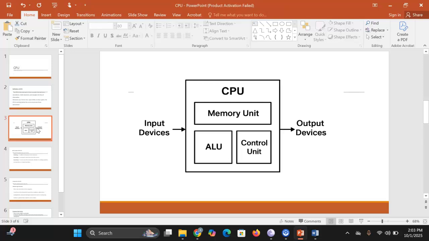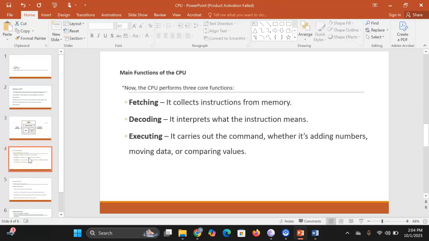So the CPU itself comprises three components, as we can see from the diagram. We have the ALU, the control unit, and the memory unit. ALU is the arithmetic and logic unit.